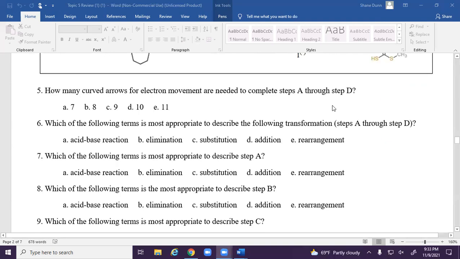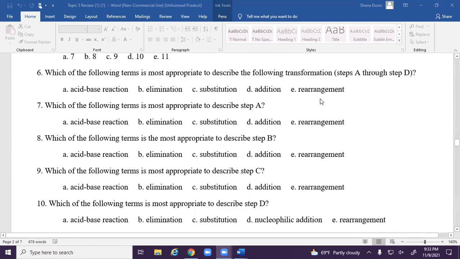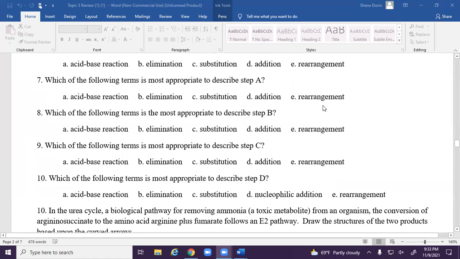Which I just answered all those. Step A, acid base. B is addition. Step C is substitution. Step D is elimination.